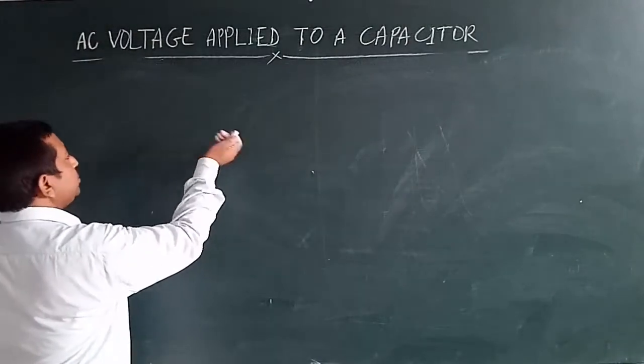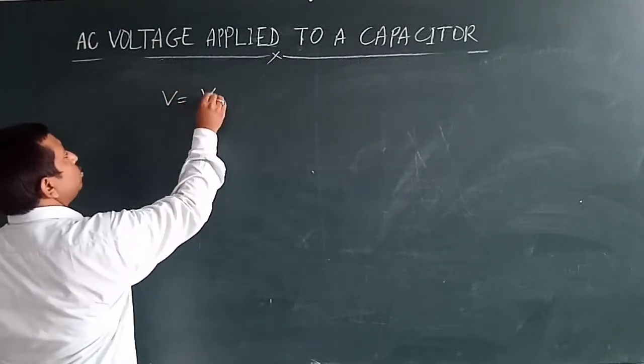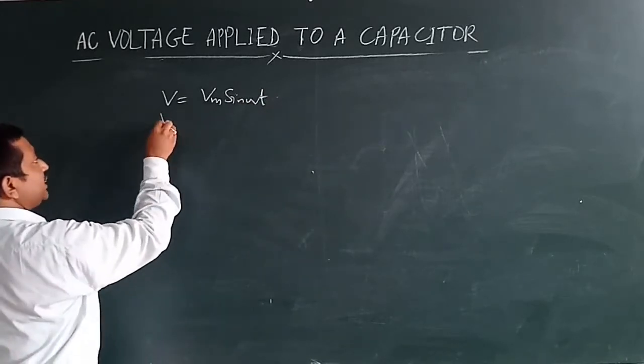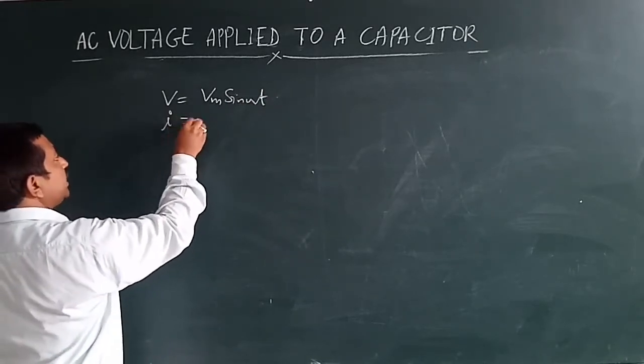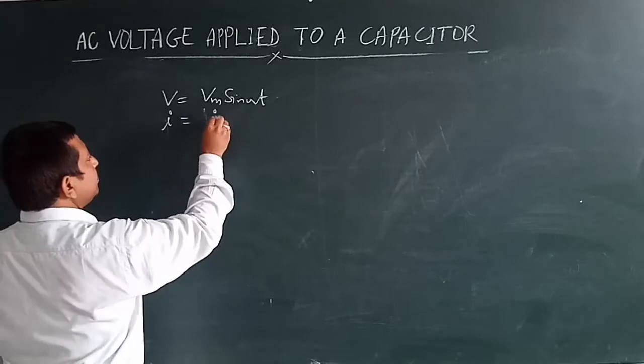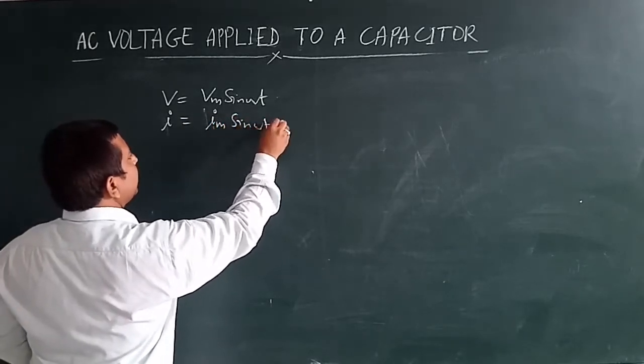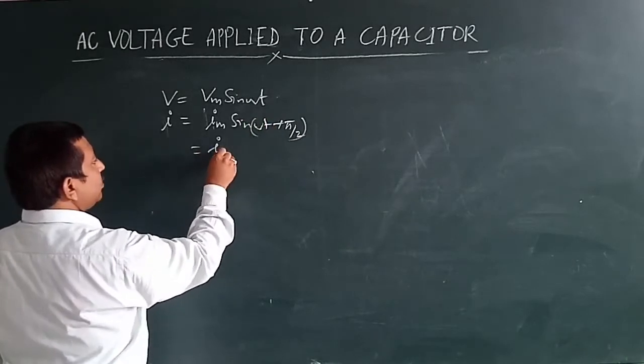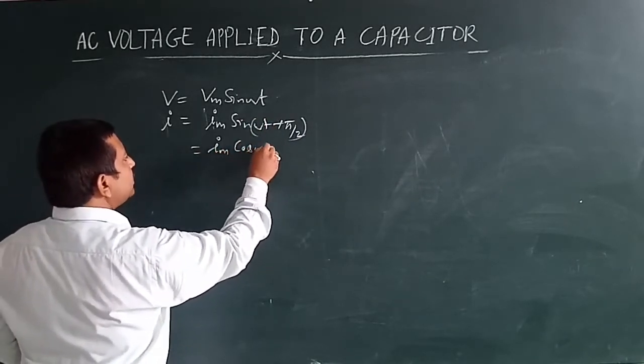As we know that V is equal to Vm sine omega t across the capacitor, and then the current flowing through the capacitor is Im sine (omega t plus pi by 2). This can be written as Im cos omega t.